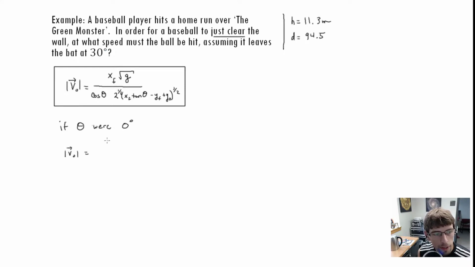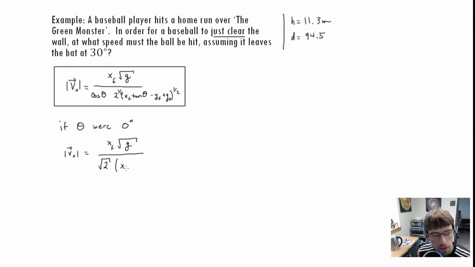Okay. Well, x final divided by the square root of g, that doesn't involve the angle, so that stays the same. Cosine of 0 is 1. So I put 1 here. So I get the square root of 2. Okay, got the cosine. And then let's deal with this term in the parentheses.